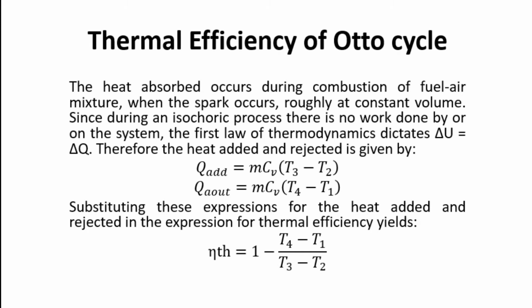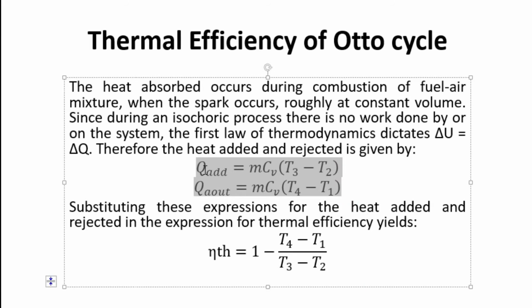So delta U will be equal to delta Q, because no work is done on or by the system. Heat addition occurs at state 2 to 3, because here combustion occurs due to the ignition of the fuel, and heat is added in this state, and T3 temperature is greater than T2.